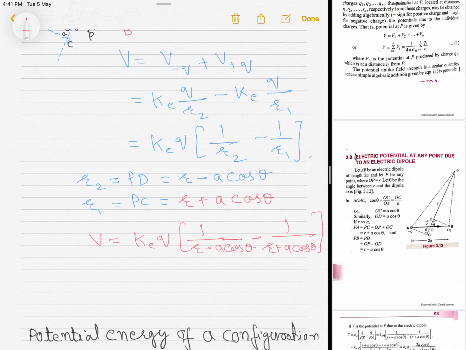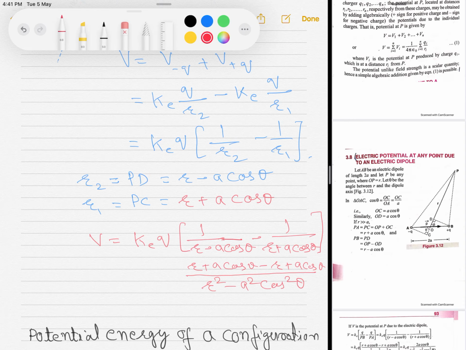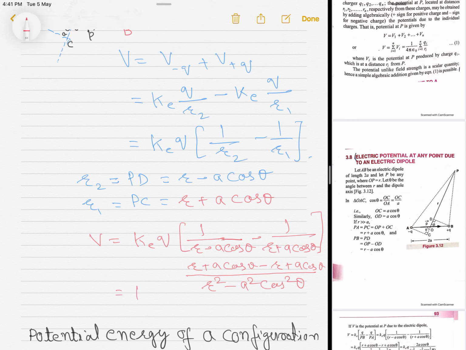If we calculate it, the denominator will be r square minus a square cos square theta, and the numerator r plus a cos theta minus r plus a cos theta, because of the minus sign it will become plus. So, we will get Ke q times 2a cos theta, upon this.